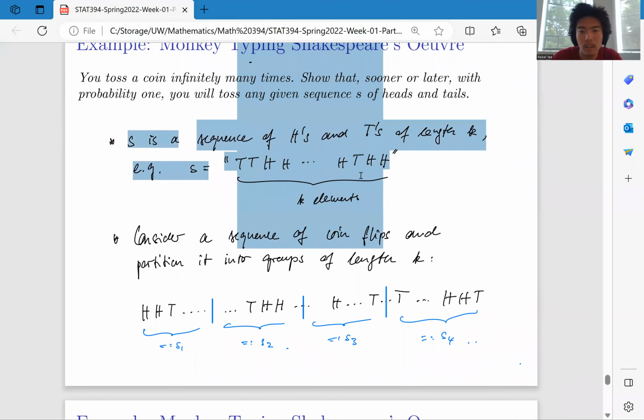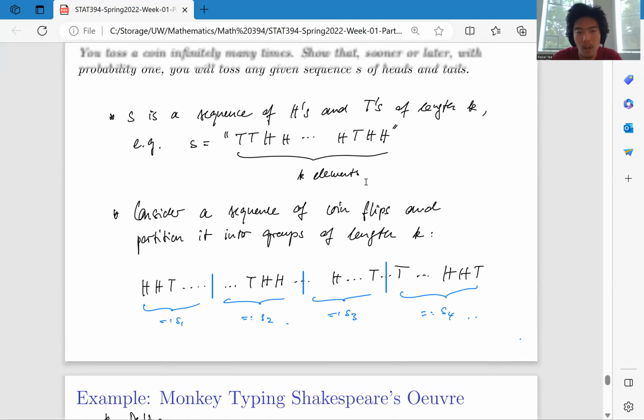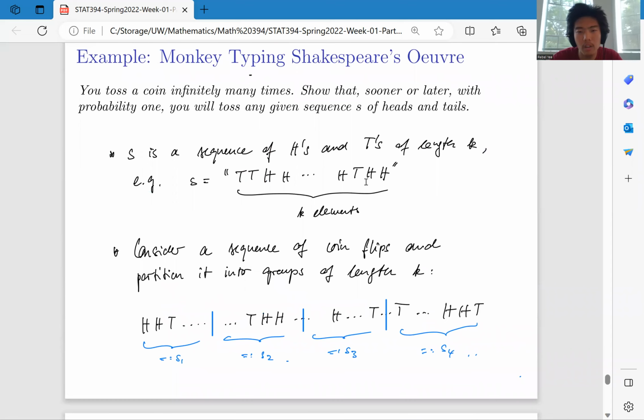Like here, it's a sequence of tails and heads, or any possible outcome, and it's infinite, so it doesn't have a specific number of steps. And we want to see if we can get any sequence S of heads and tails out from this process.